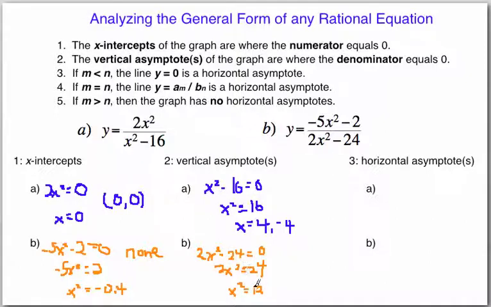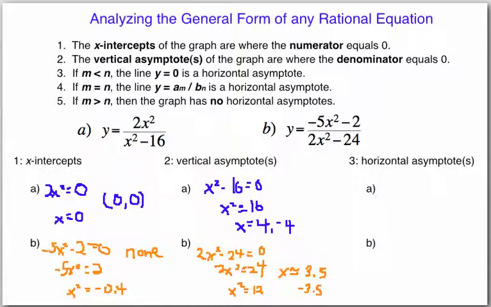When you take the square root of 12, that's not a perfect square, so you're going to end up with a decimal, and so we've got about 3.5. So x is going to be about, again, we need both the positive and the negative, so about positive 3.5 or negative 3.5, both of those.